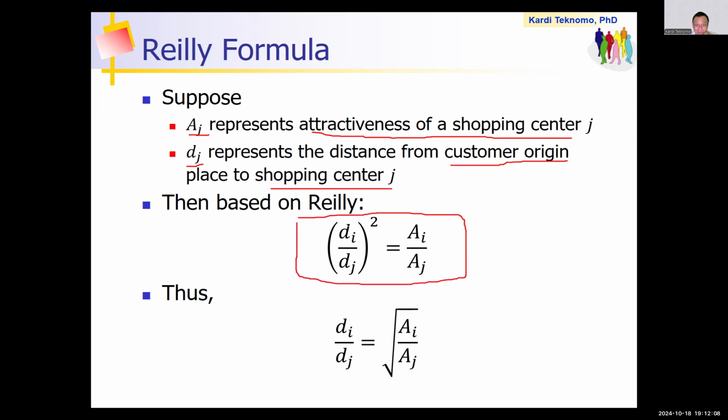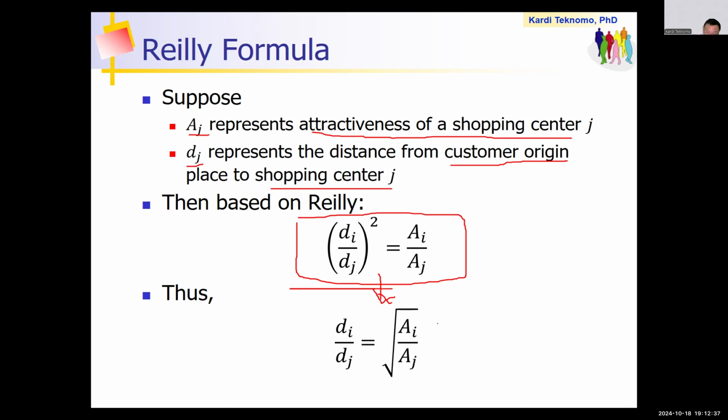The distance ratio squared is the same as the attractiveness ratio. Because of this, you can put it this way: Di per Dj is equal to the square root of Ai over Aj.